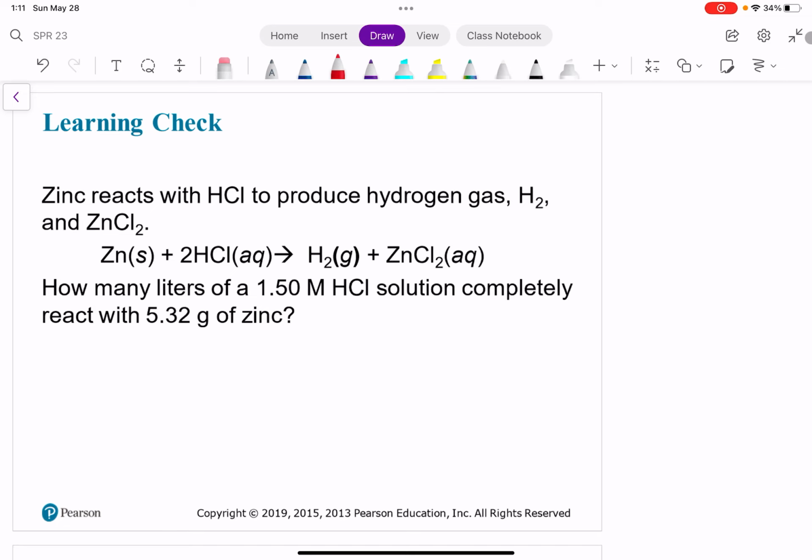So in order to figure out what this is asking, let's go ahead and color code a little bit. So we've got grams of zinc, and I'm going to put that in yellow because, following our molarity equation, which I'm going to write up here, moles solute over liter solution, yellow is our amount of our solute.